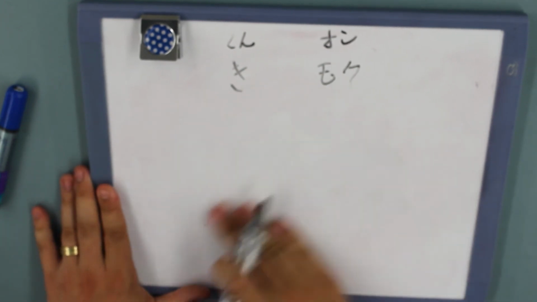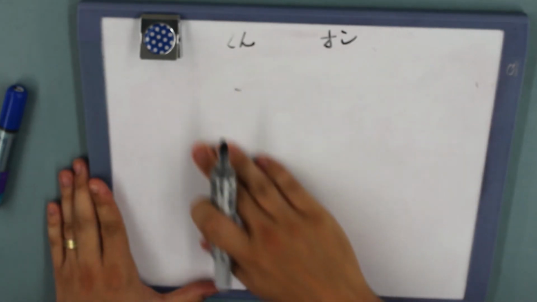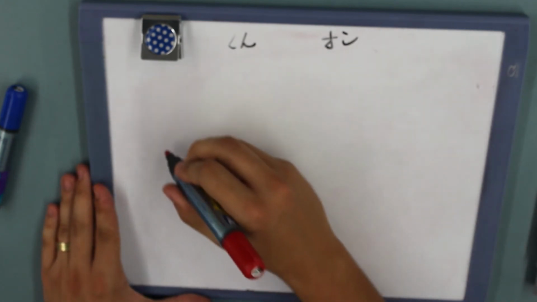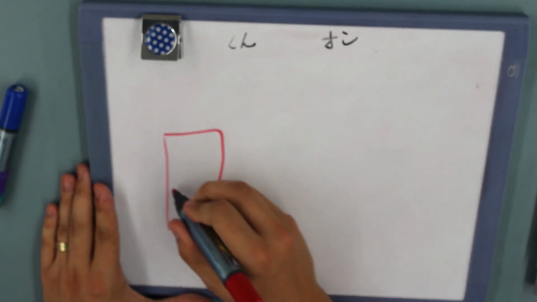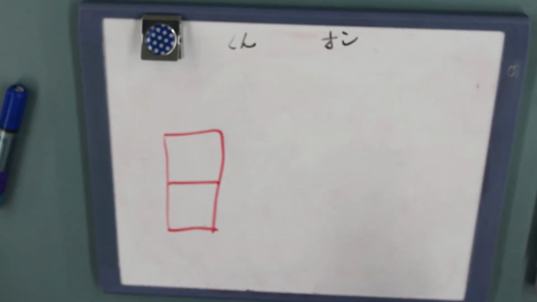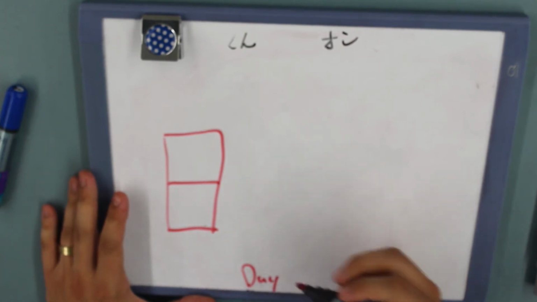Next, we'll be having a look at one of the most important kanji, two of the most important kanji that you'll be learning, and we'll learn them together. First thing that we'll learn is the kanji for day, or sun, which has many different readings. There are so many readings, it is incredible.